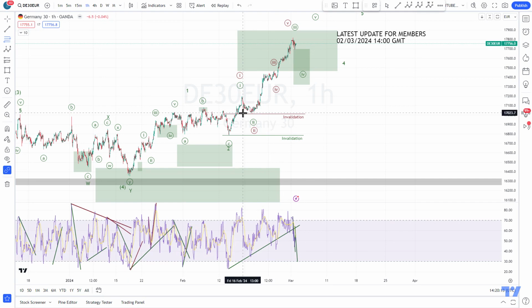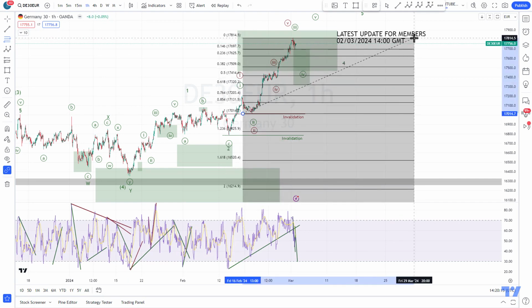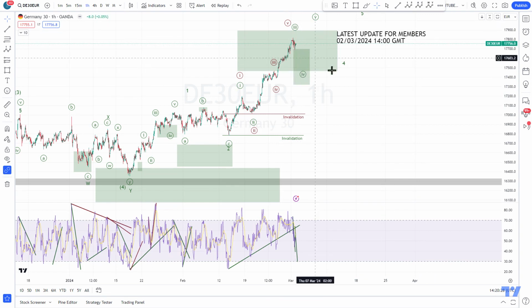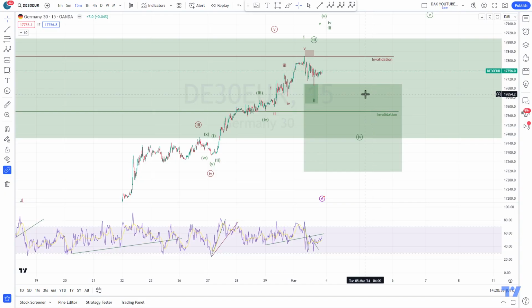If we take the length here of this wave 3, then the area between the 0.146 and the 0.618 FIB retracements is our wave 4 area. So here we can expect a pullback if the wave 3 is in right here. And so therefore we look at the 15-minute.